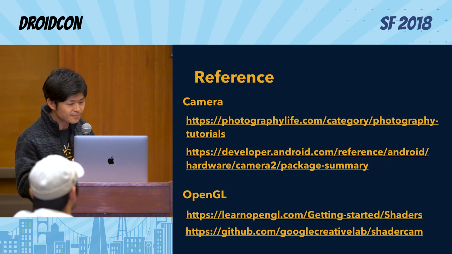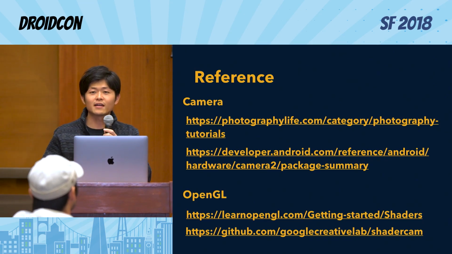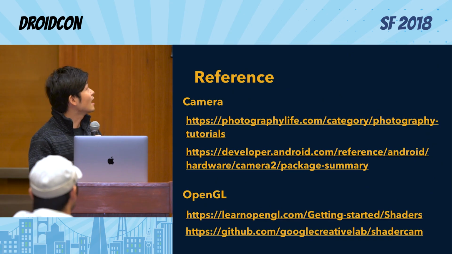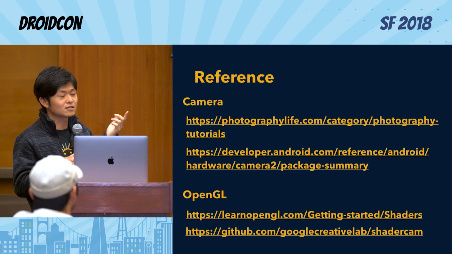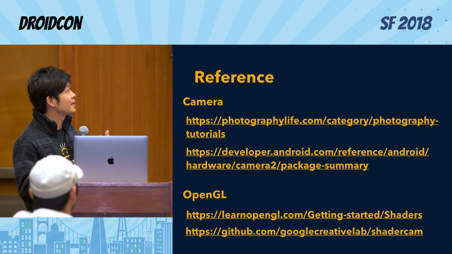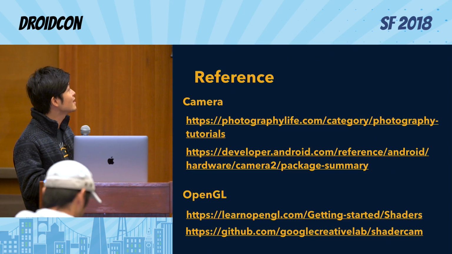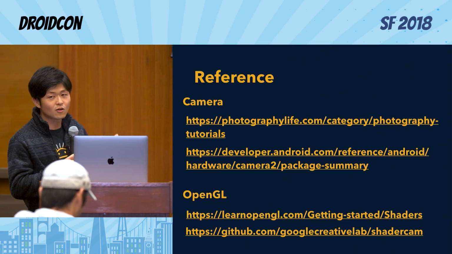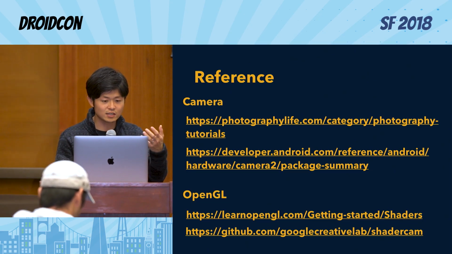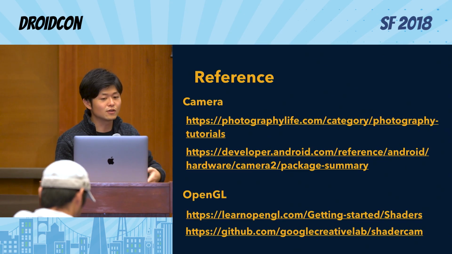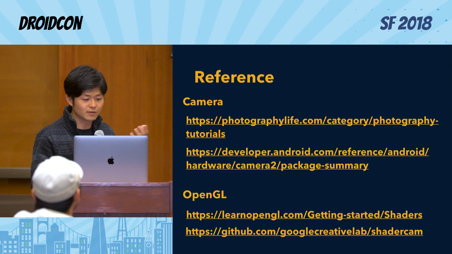That's the first one. And once you learn how to work with it, I don't think the Google document is really good for beginners, but once you know how to use it, you go back there and you know how they're trying to implement the camera. So it's a good reading.